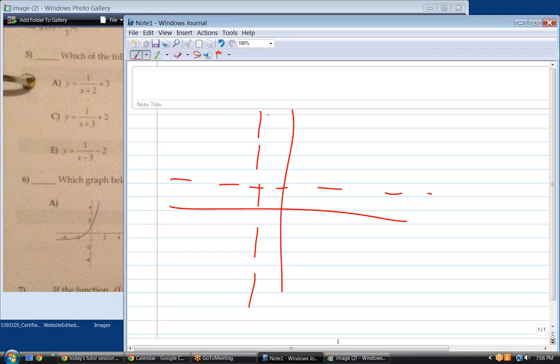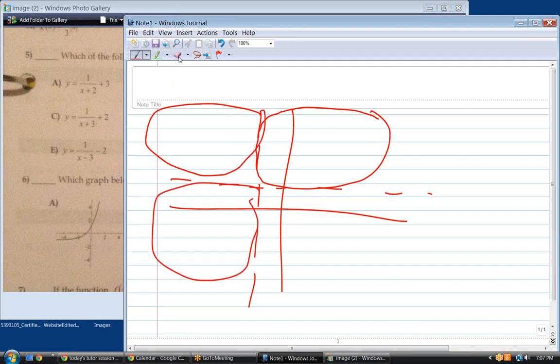Well, all hyperbolic functions tend to look like this. Or, if they're negative, then they would be in the 2nd and 4th quadrant instead of the 1st and 3rd quadrant. You know what I mean by the quadrant? Yeah. In other words, this whole area right there is quadrant 1. This is quadrant 2, quadrant 3, so forth and so on.